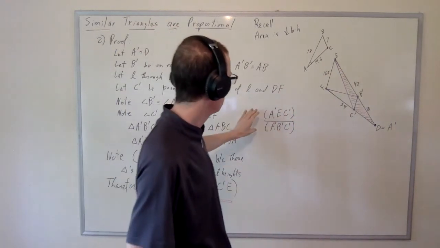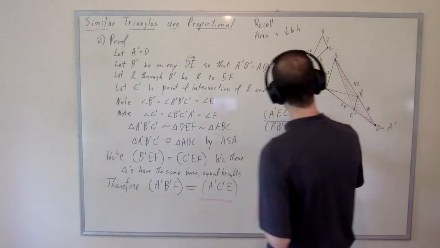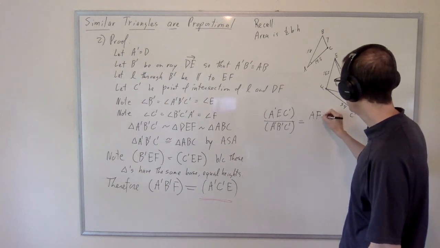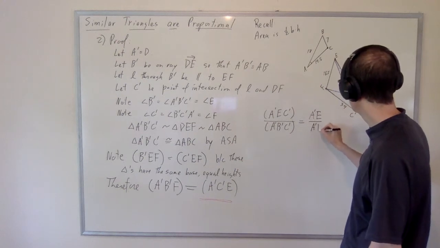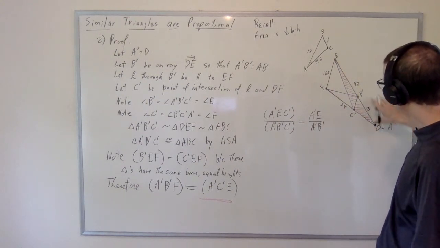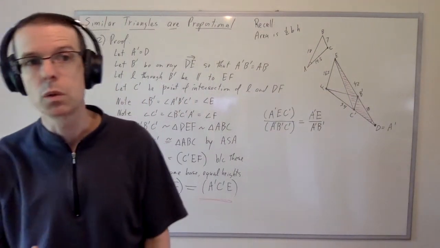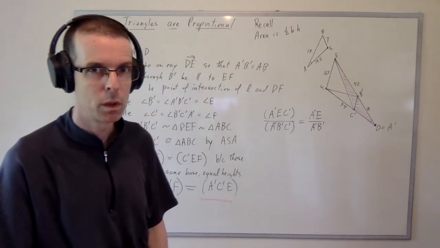And so the ratio between the areas is equal to the ratio of the bases. So this is equal to the length ratio, length A prime E divided by length A prime B prime. In other words, the ratio of the areas of those two triangles is equal to the ratio of the bases of the triangles because their heights are equal.